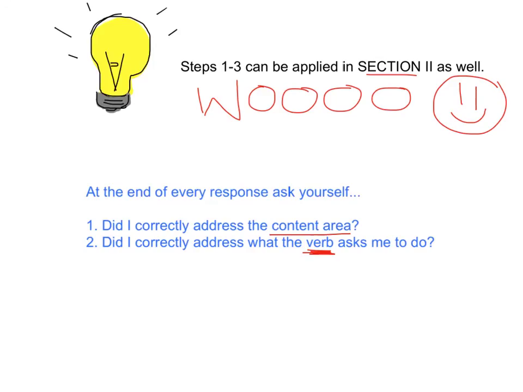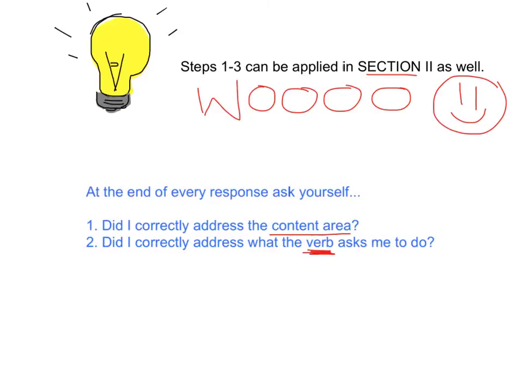The beauty of this particular process is that it can also be applied to section 2. Even though you are given the content area, steps 2 to 3 will help you break down what's actually being asked of you. What you need to do at every response, whether it be in section 1 or 2, is ask yourself the following questions. Firstly, did I correctly address the content area? That is, the limits that are placed on a frames question from the cultural perspective.